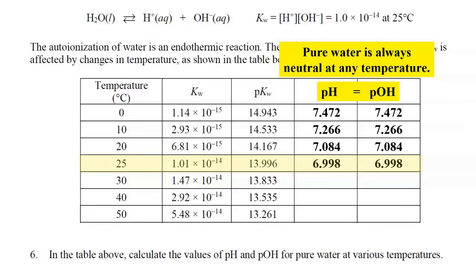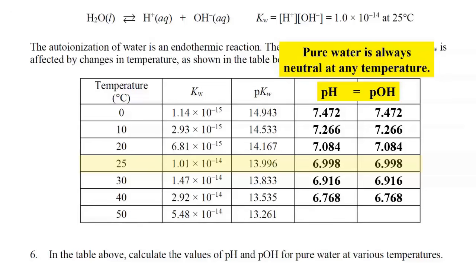Let's go higher than 25 degrees Celsius. So at 30 degrees Celsius, the pKw is 13.833. We cut that number in half and we get 6.916. At 40 degrees Celsius, the pKw is 13.535. We divide by 2 and we get 6.768.